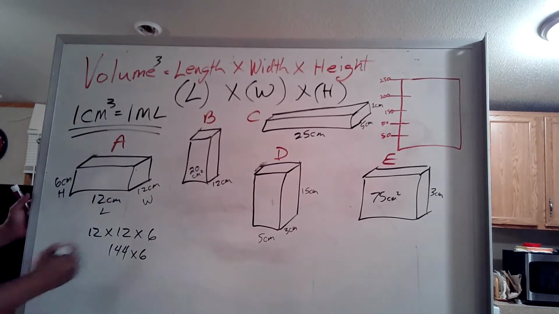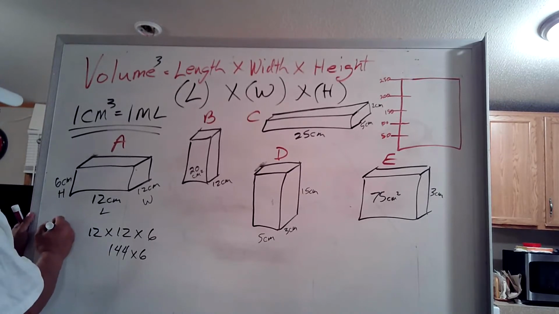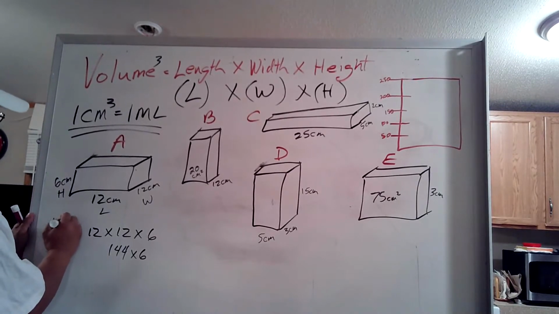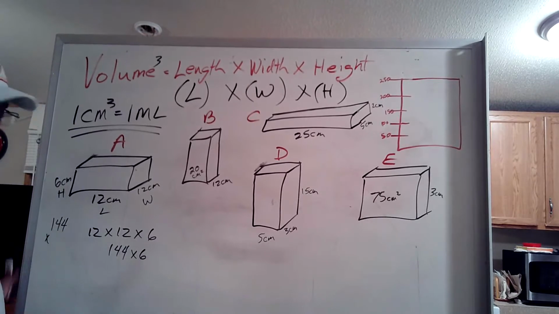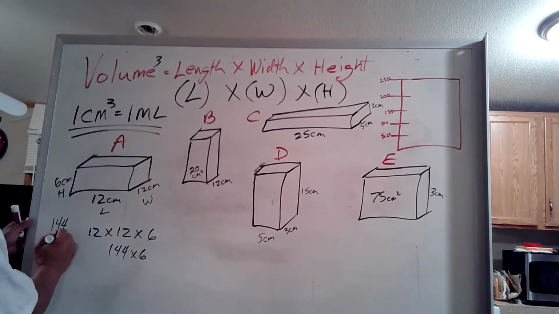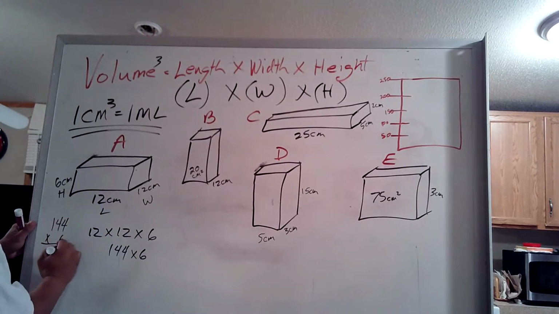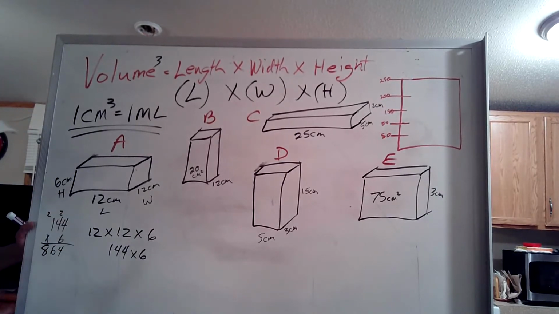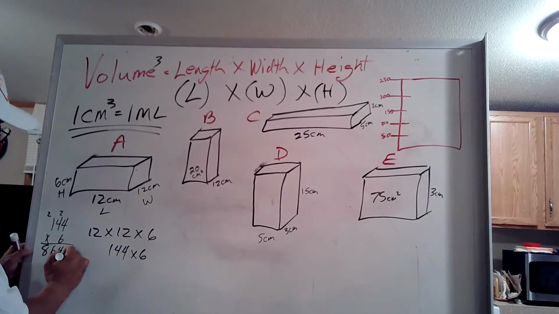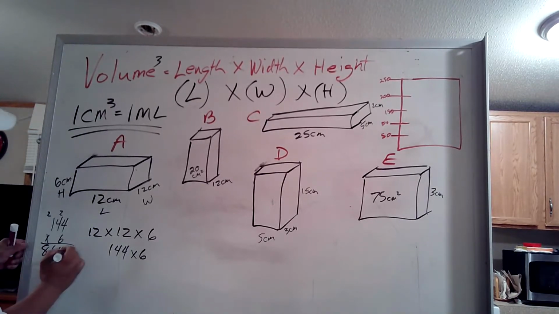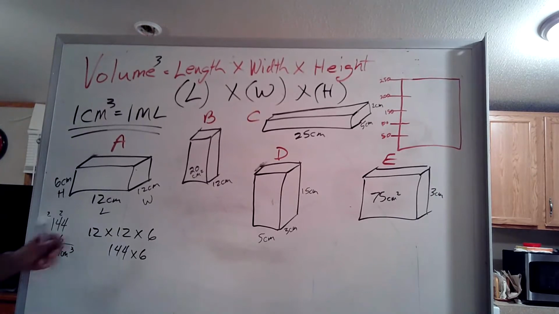So 144 times 6. If you want to multiply mom and dad's old way, that's fine. Just make sure you have the correct number. 6 times 4 is 24, carry the 2. 6 times 4 is 24, plus that 2 is 26, carry. That's 864. And remember, that's going to be 864 cm³, excuse me, cm³.